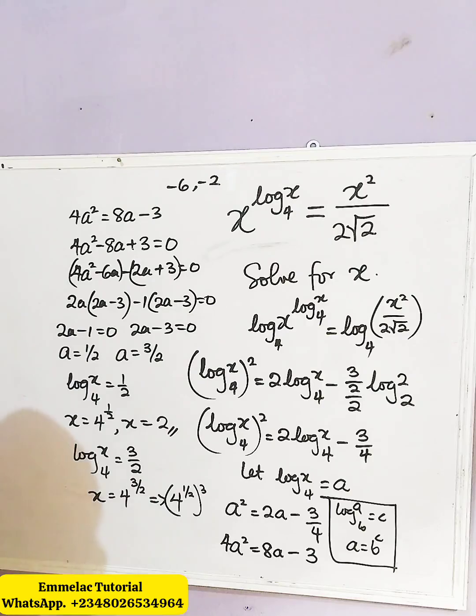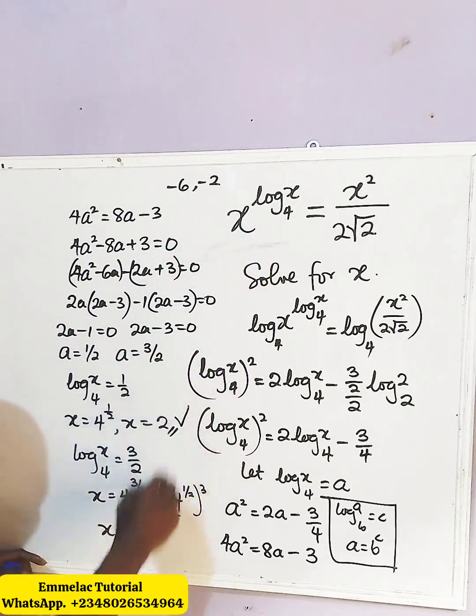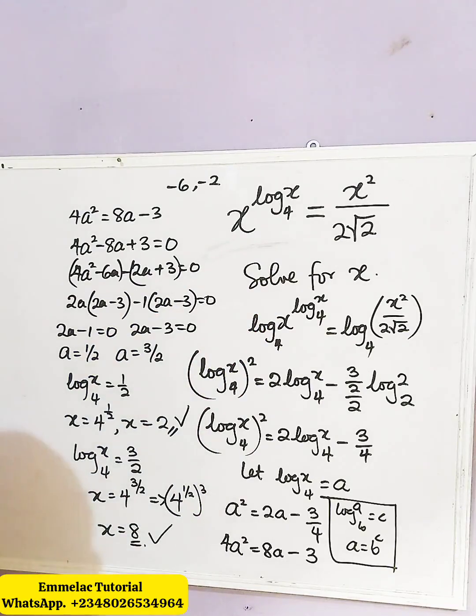And 4 raised to the power of 1 over 2 gives us 2, and 2 raised to the power of 3 gives us 8. So our x here is 8. So the two solutions for x in this equation are 2 or 8.